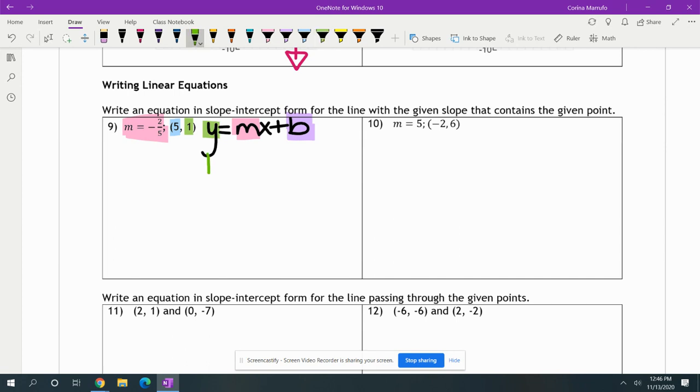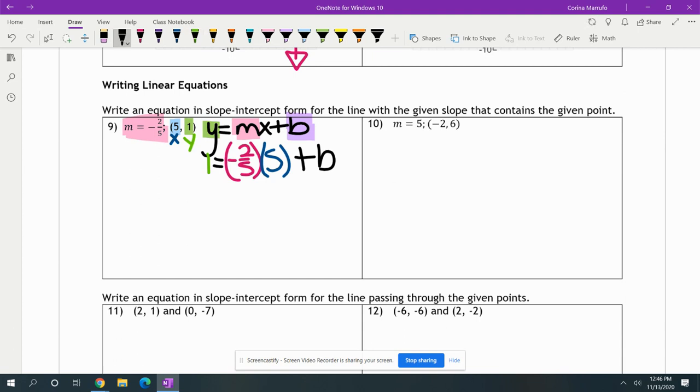So instead of y, I'm going to put 1 equals. We already know what m is. We know m is negative 2 over 5. And then they also give us our x value. They tell us our x is 5. Okay, but what we don't know is b, and that's what we're trying to figure out. So we're going to start solving for b.